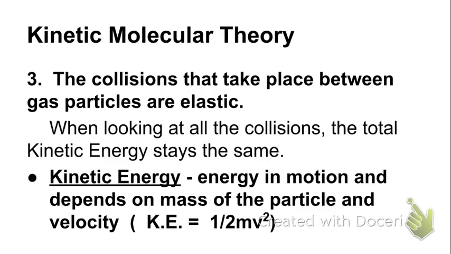So 1, we say that there's big distances between particles, and the particle size, the smaller it is, the better for being an ideal situation. The second thing that we say on the previous slide, their particles are always in constant motion. So that they're always moving, and there's collisions that take place.